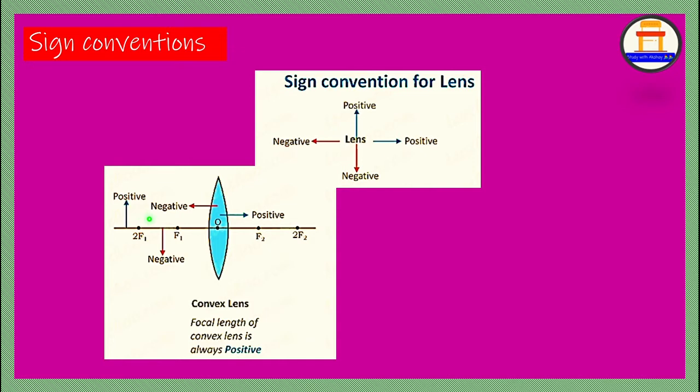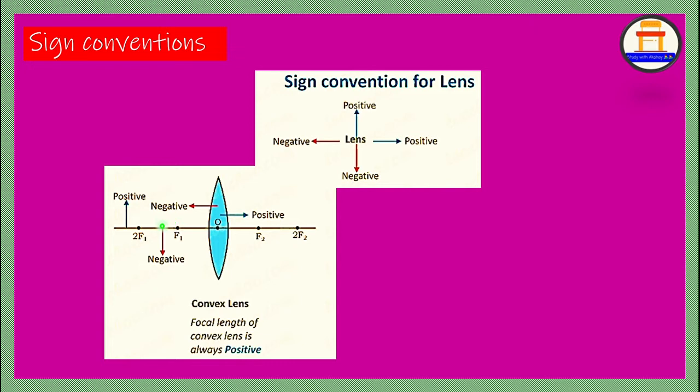If the image is formed on the left side only, on the same side as the object, then it is a virtual image. We are all aware of this. A virtual image will always be erect, upright. So even a virtual image will be taken as positive.